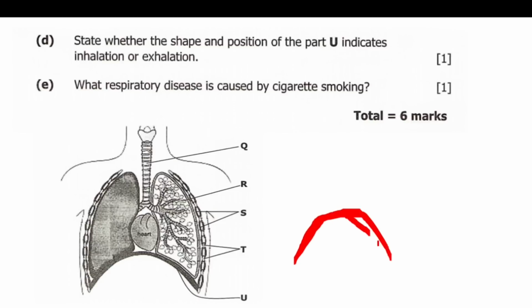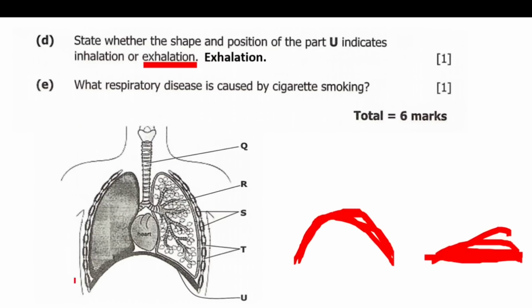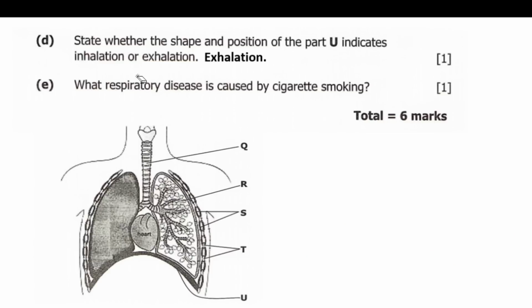A dome shape of a diaphragm represents exhalation, when the gas is given out or taken out of the lungs. Then a flat shape like this shows inhalation, when the gas is breathed in. So here our answer was exhalation, which is the giving out of the gas.